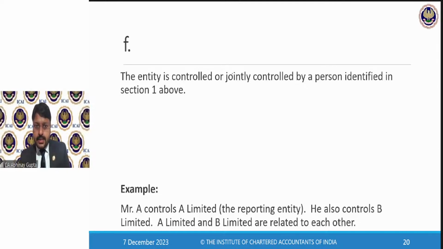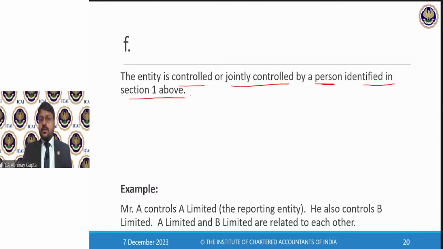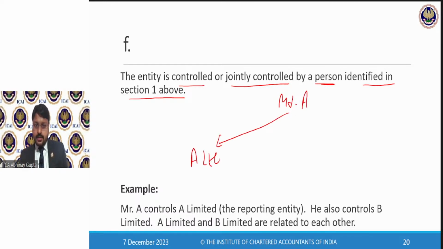Next, the entity is controlled or jointly controlled by a person identified in section 1 above. So in section 1 we have studied the individual case, yes or no? So that individual we are now talking about. If Mr. A controls A Limited, say with a 55% stake, okay, so it has the control, yes.